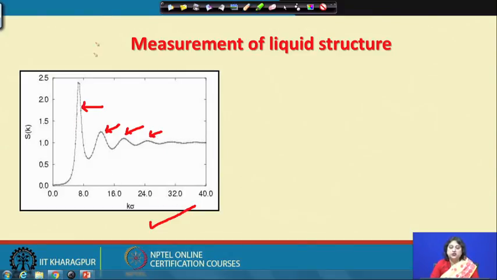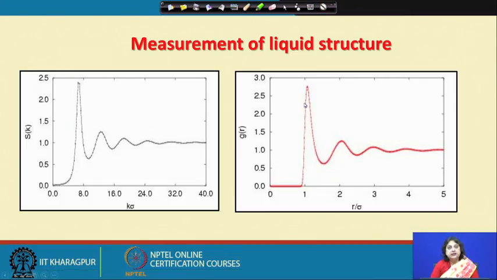Now, if I Fourier transform this response, what I get is G of r. So, G of r tells me the deviation from an ideal gas-like behavior in the structure of the liquid.